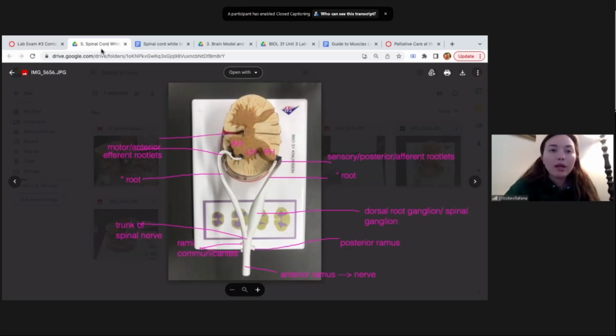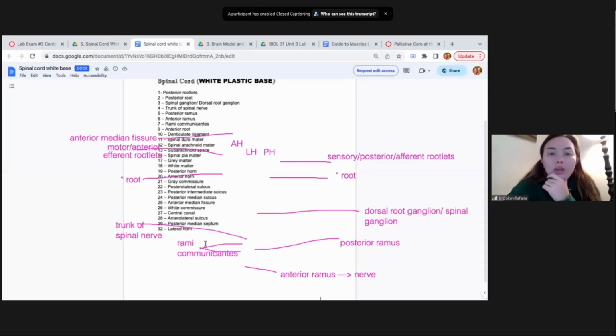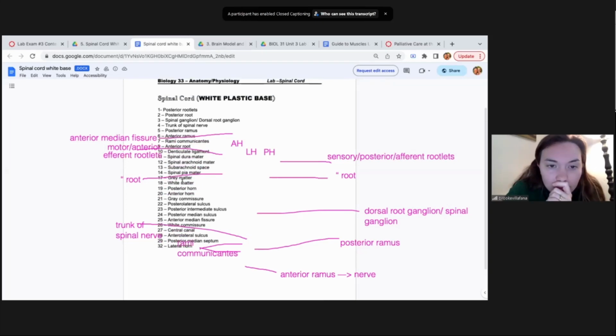So this would be our anterior median fissure. But what's kind of weird about this model is we have more of the sulci. So right here, anterior median fissure. I believe there's a, let me see if I can find it.